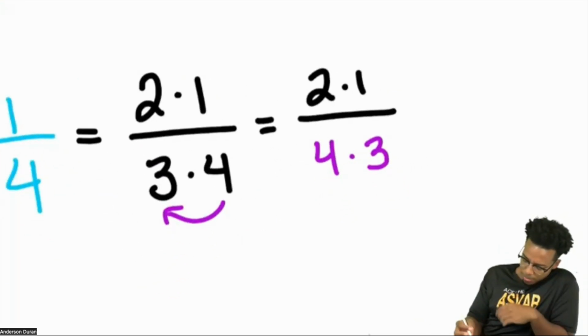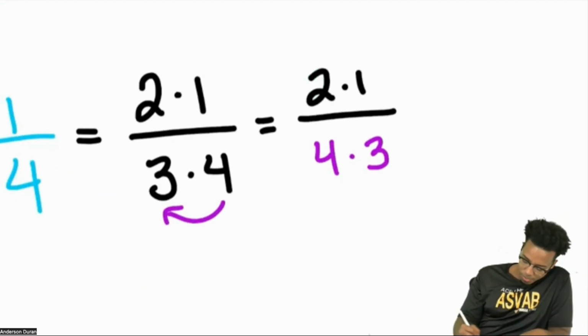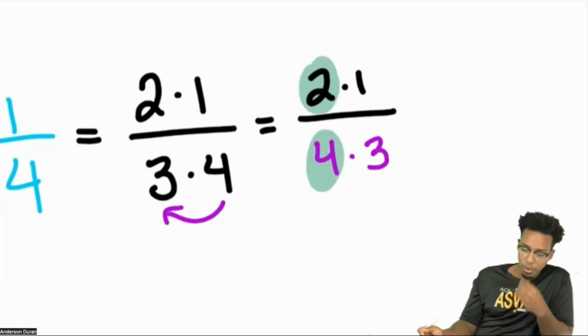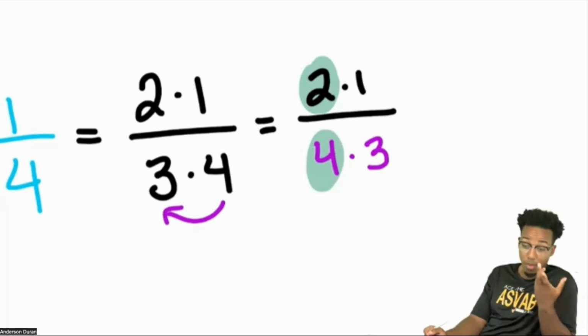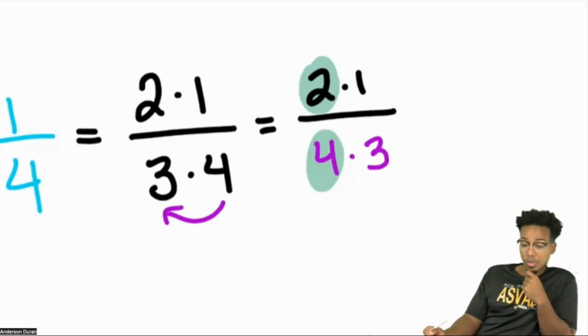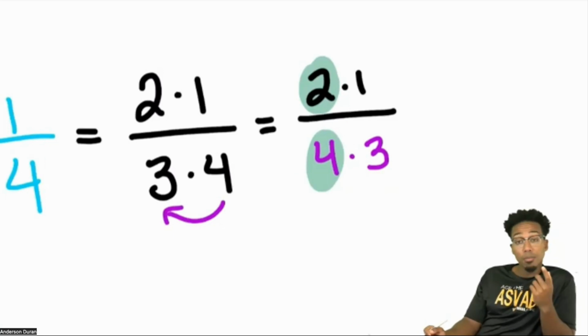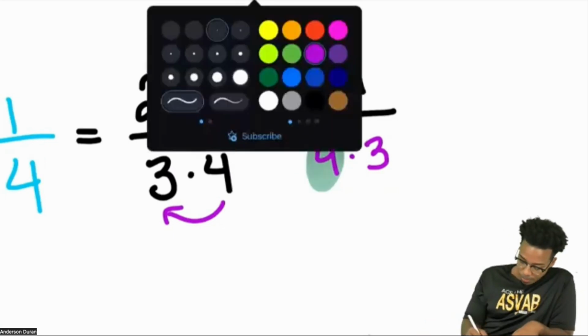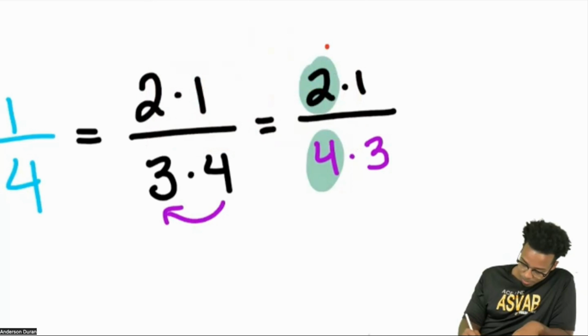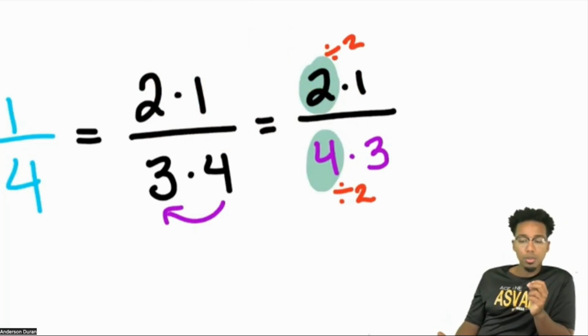Quick question, everybody. Could we simplify the 2 and the 4? They're above each other, right? What are 2 and 4 both divisible by? Yeah, they're both divisible by 2.